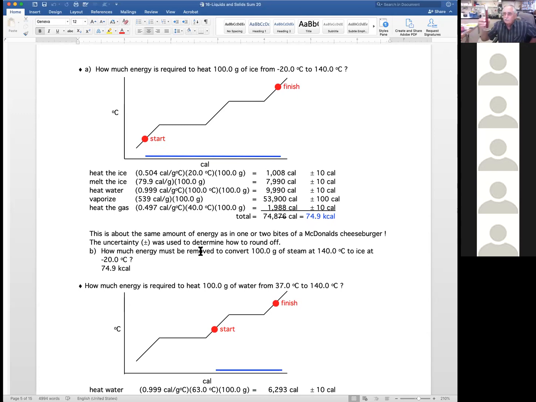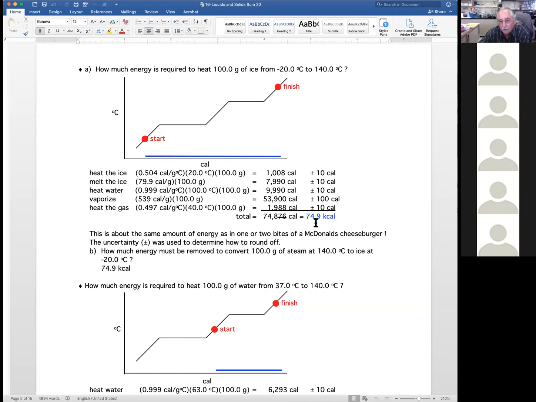Here is a 50 milliliter graduated cylinder. So we're talking about 2 of these. Look how much energy it takes to take 2 of those from minus 20 all the way up to 140.